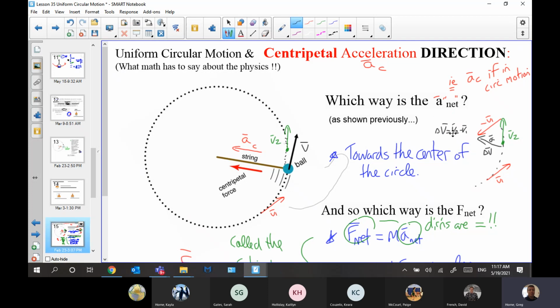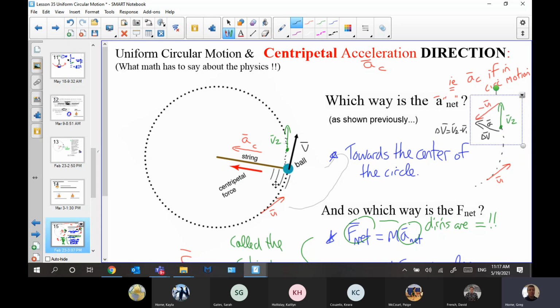That's a delta v. And so I want v2 plus negative v1 if we're doing that version of subtraction. You can see you end up with an acceleration vector that's towards the center, between v1 and v2. So our analysis in this little diagram here actually shows the circle. This is v1 right there, and then v2, and in the middle, it was towards the center.